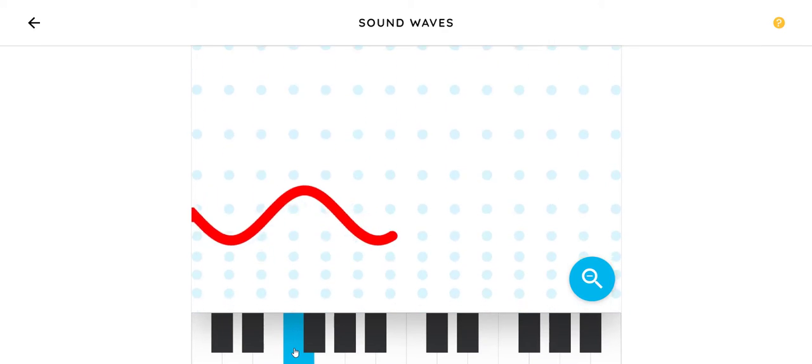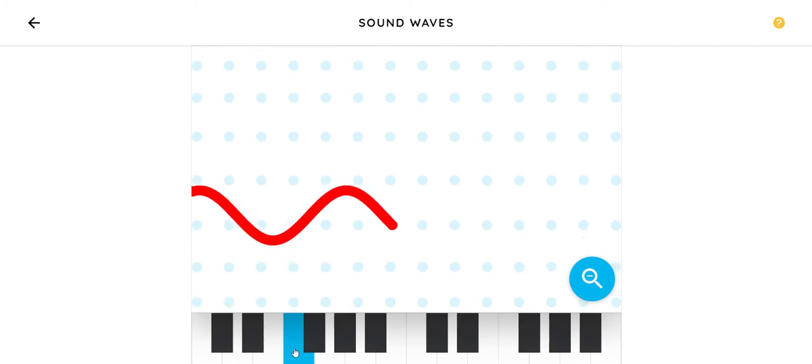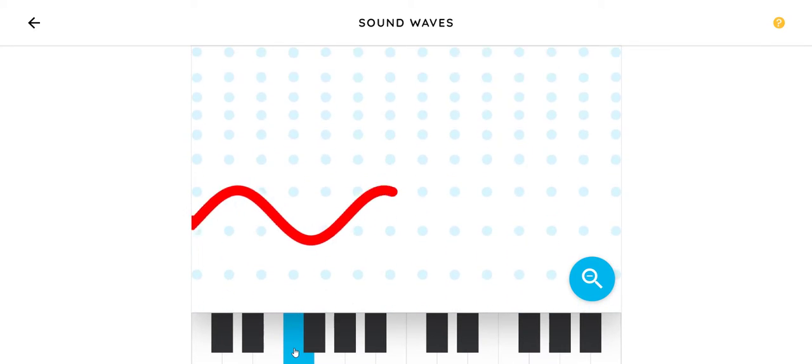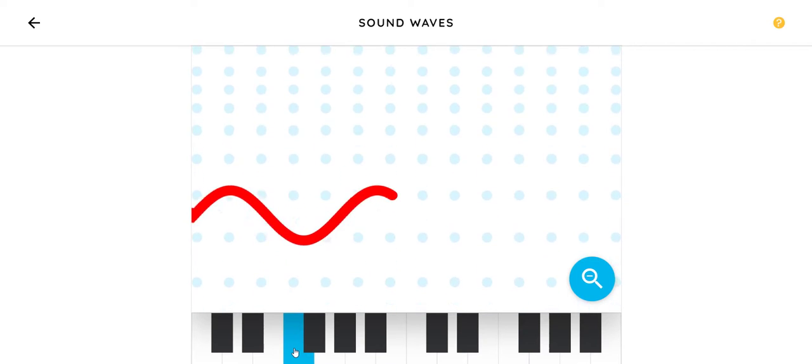Also, if we were to pause the simulation and examine the snapshot of the wave, we could plot the displacement of each particle from its equilibrium position. In other words, we could draw out a displacement distance graph.